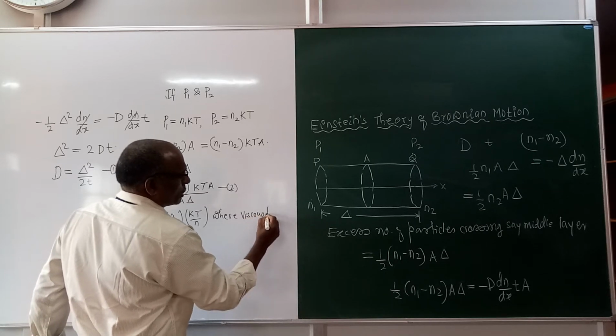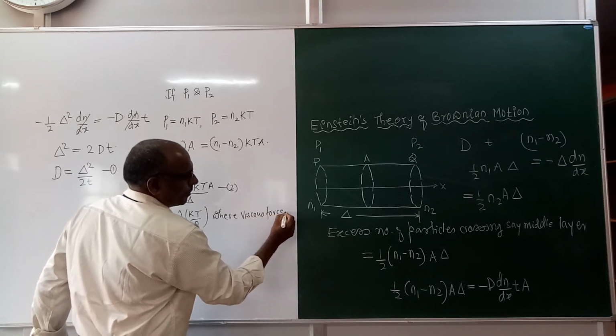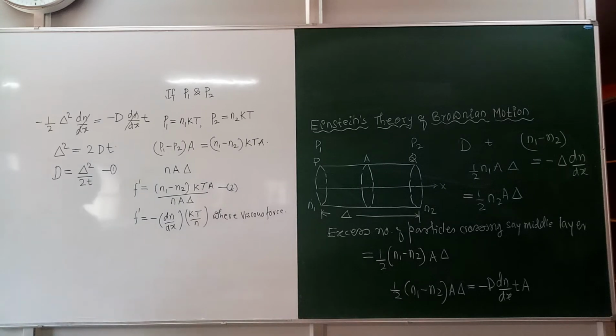This is the viscous force experienced by a single particle here, and according to the kinetic theory of gases, we know this force is equal to 6 pi eta a v, where a is the radius.